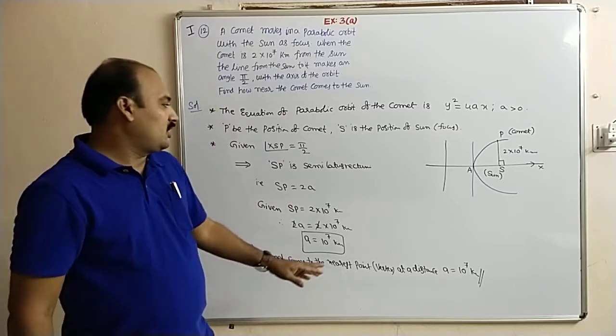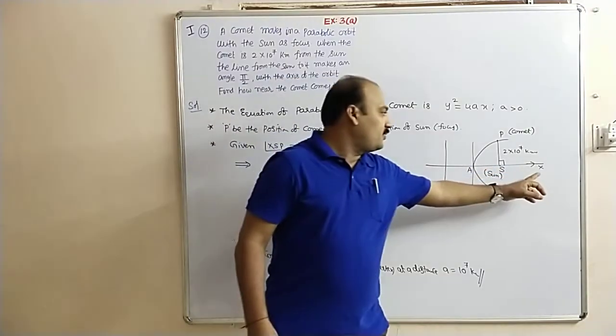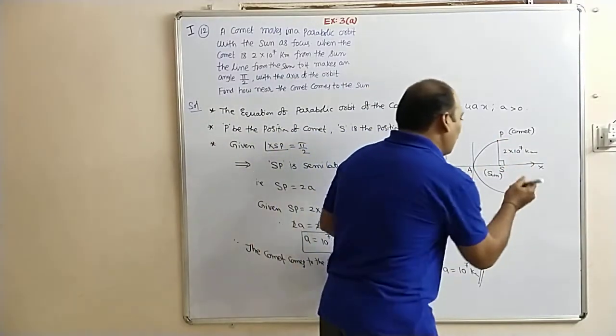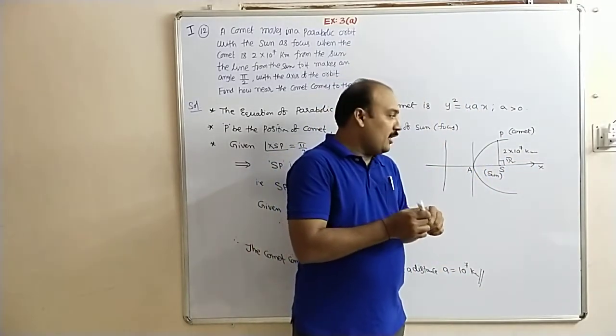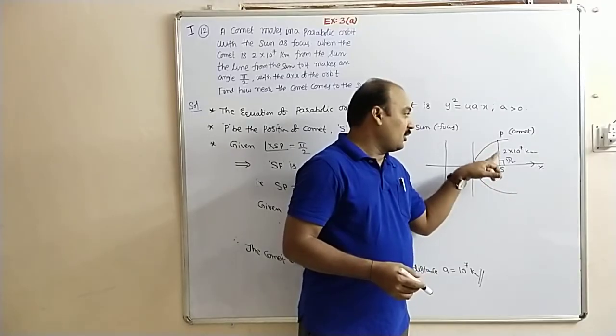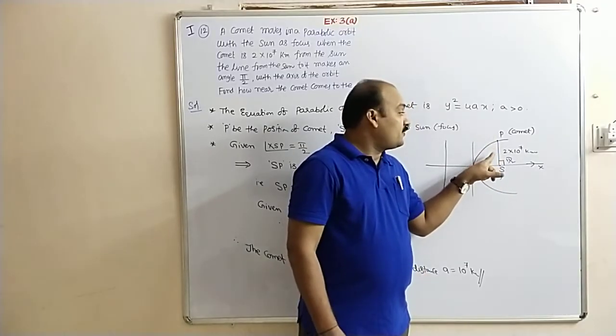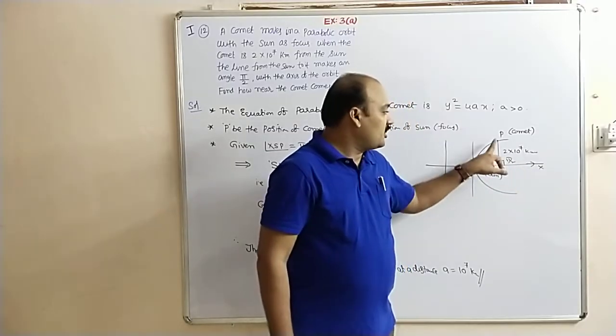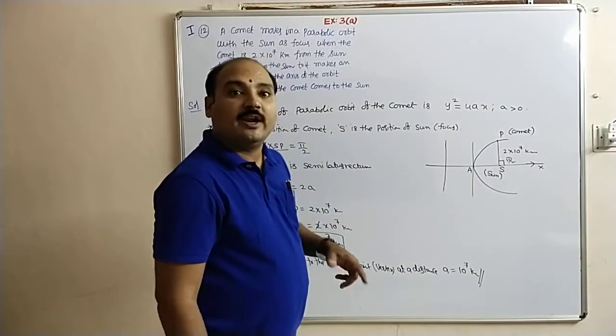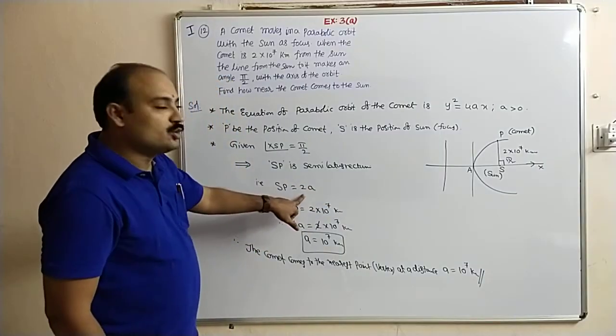Like this we can do that. This is a very important thing. Whenever XSP makes a right angle, that line is perpendicular to the axis of the parabola, that means the double ordinate is perpendicular to the axis. So SP will become the semi-latus rectum. Latus rectum length is 4a, semi-latus rectum is 2a.